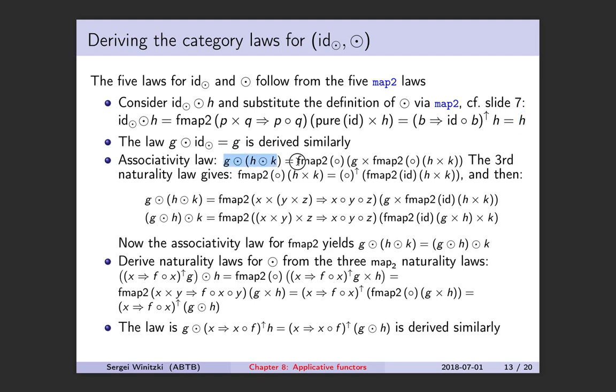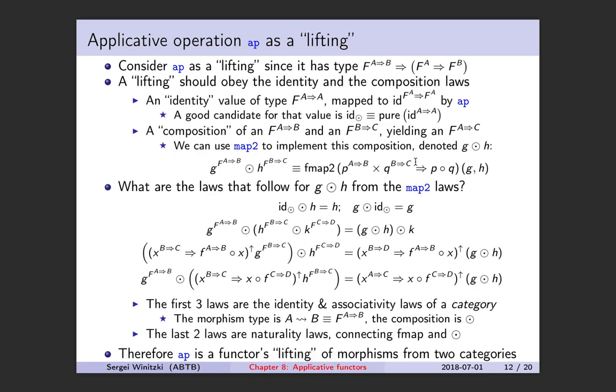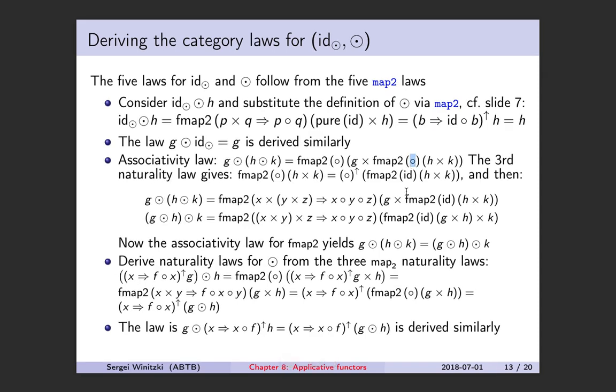we also need to substitute. Then, according to the third naturality law, now I'm just using a very short notation where this is a function that takes two arguments and returns the composition of these two arguments as functions, because that's what I want to use here. This is this function. I just denote this by this symbol.